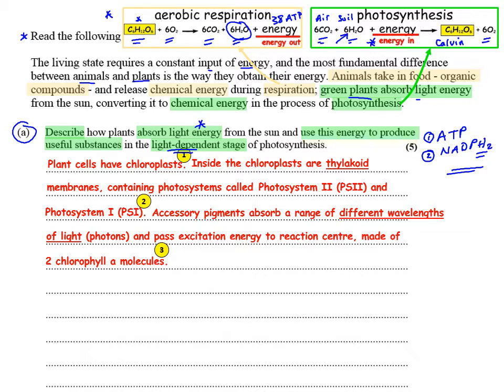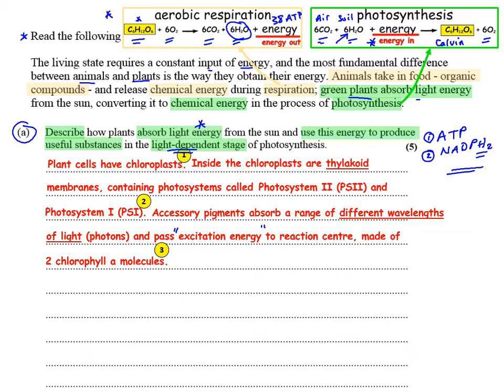Now, the third point is to then talk about the accessory pigments and what their role is. So we know the accessory pigments absorb a wide range of different wavelengths of light, photons of light, and pass the excitation energy down to the 2 chlorophyll A molecules in the reaction center of both PS2 and PS1.